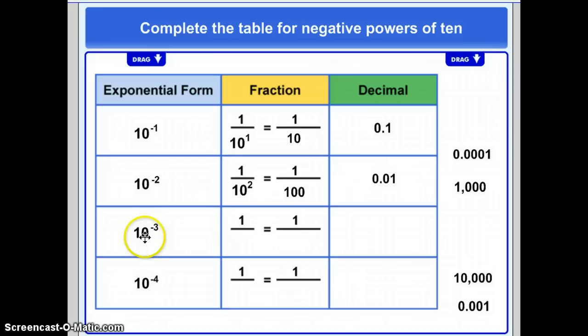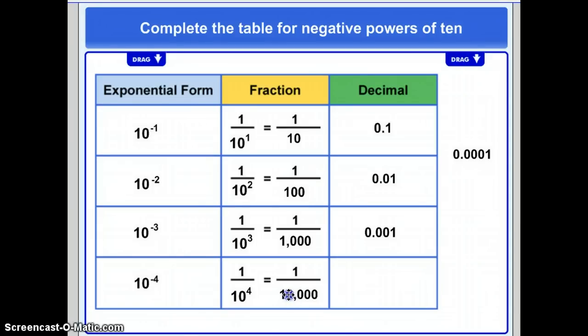10 to the negative third is the same as 1 over 10 to the third, or cubed, and 10 cubed gives us 1,000, so that fraction is 1/1,000th, and 1,000th as a decimal is written here: tenths, hundredths, thousandths. 10 to the negative fourth is written as a fraction of 1 over 10 to the fourth. 10 to the fourth, we know, has 4 zeros, so that gives us 10,000.